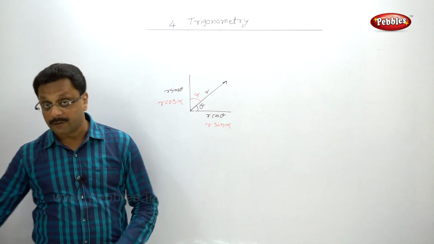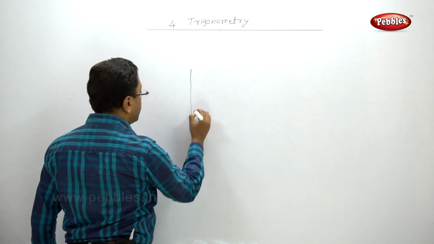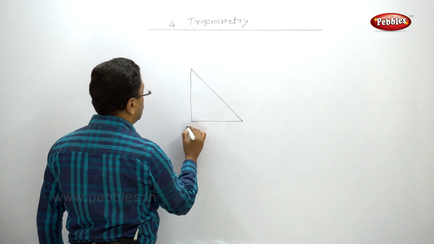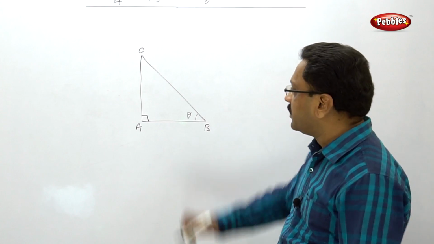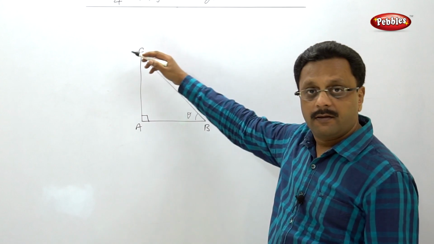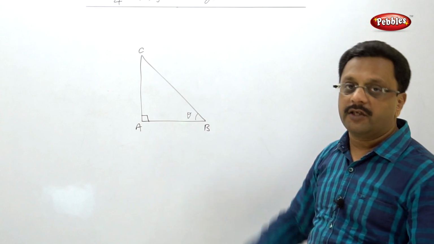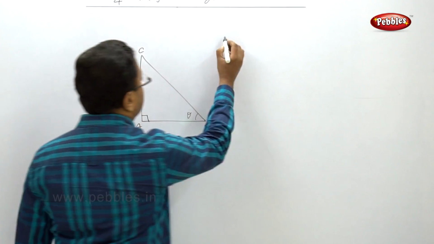Simple? Very simple. Now let us learn the basic trigonometric identities. Let us say this is a right angle triangle ABC, with the right angle, and this is the given angle theta. Now, what do you mean by sine?